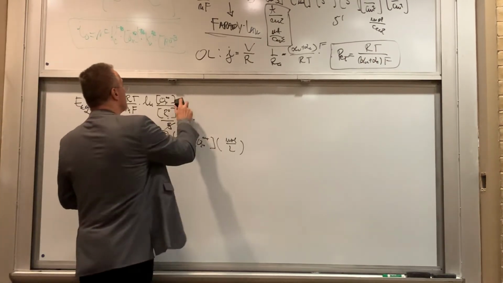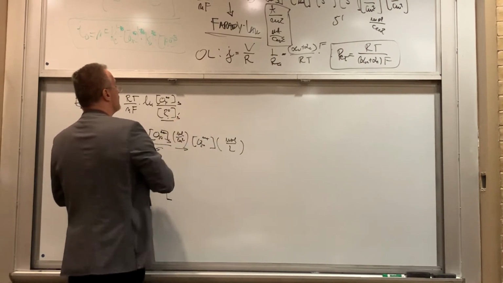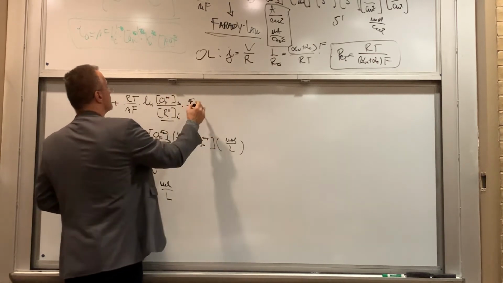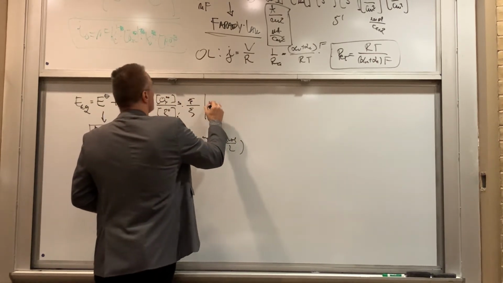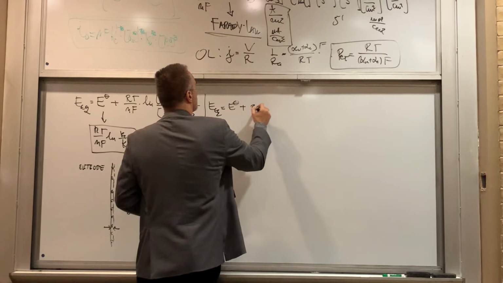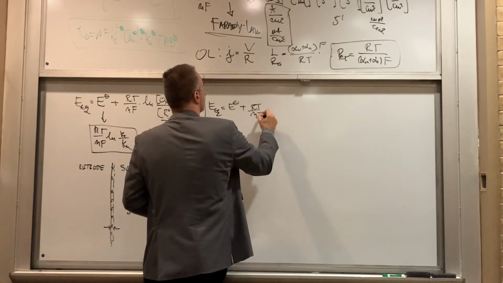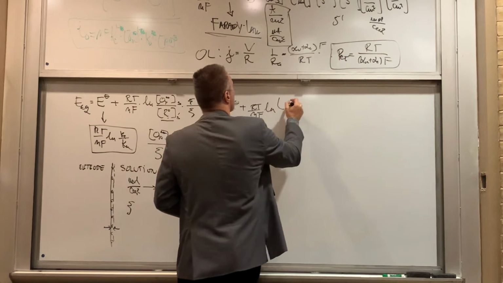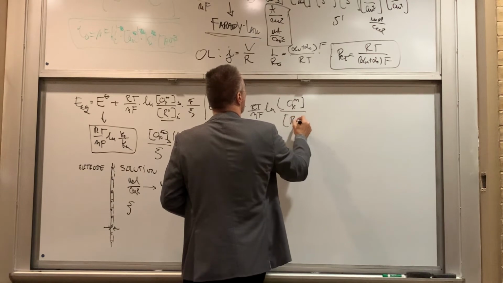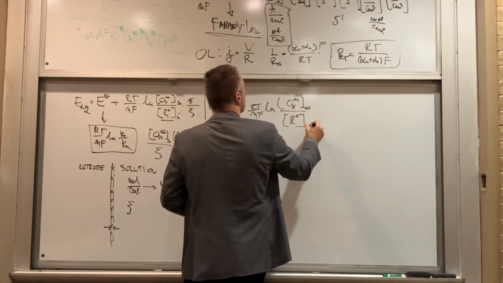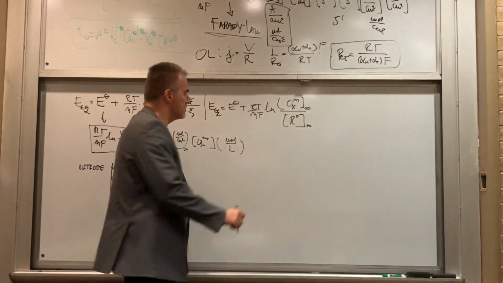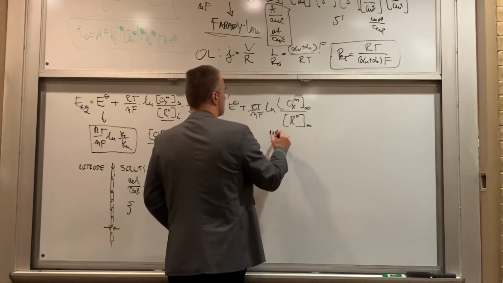If I multiply this by 1, then instead of writing surface concentrations, I can write E equilibrium is equal to E at standard condition equilibrium plus RT over nF ln, and then I'm going to put here bulk notation, which simply means bulk, which gives you the idea that these are concentrations in moles per liter, okay?